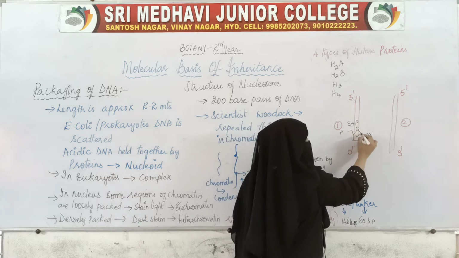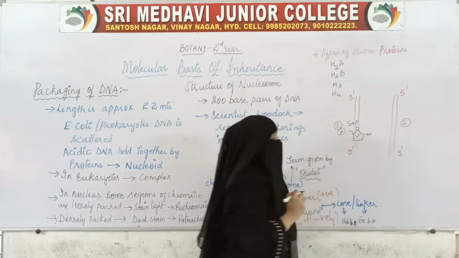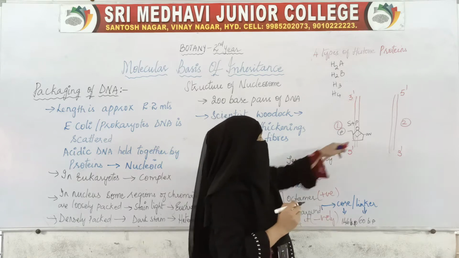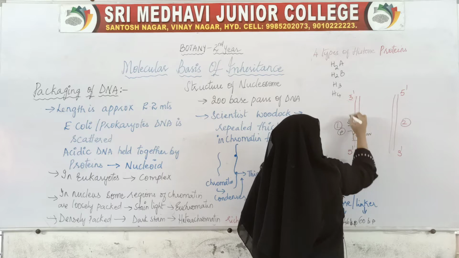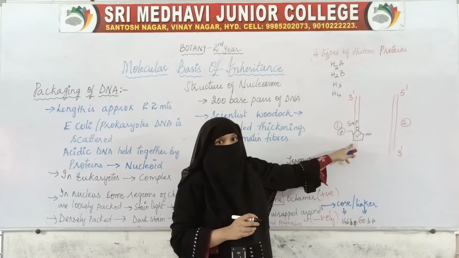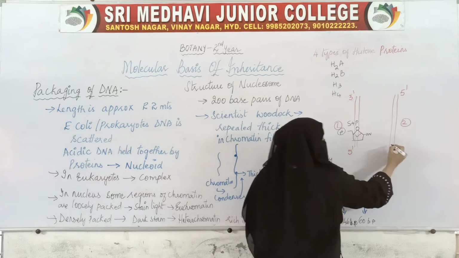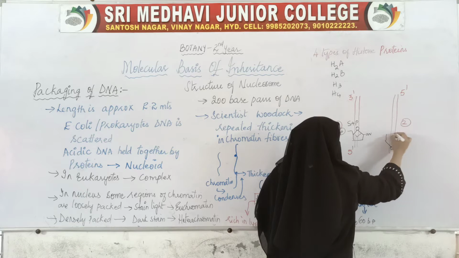So this is the sugar, this is the phosphate, and this is the nitrogenous base. Again it is joined, the skeleton being made up of sugar and phosphate, and in between, since it is anti-parallel, it will come like this.